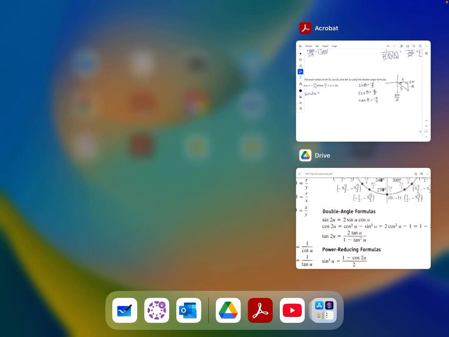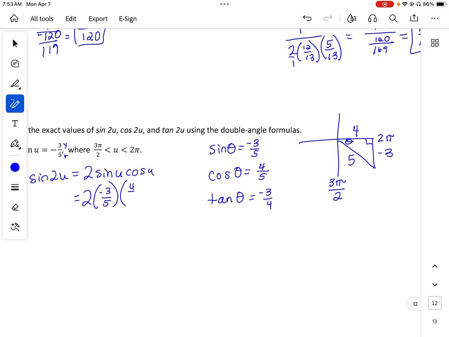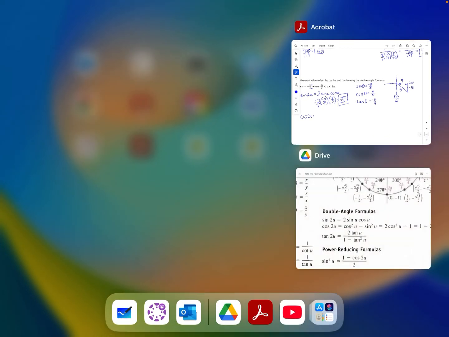Looking at our formula, it is 2 sine u cosine u. So 2 times sine u, negative 3/5, times cosine u, 4 over 5. Multiply straight across. 2 times negative 3 times 4 is negative 24, and 5 times 5 is 25. That's the exact value.